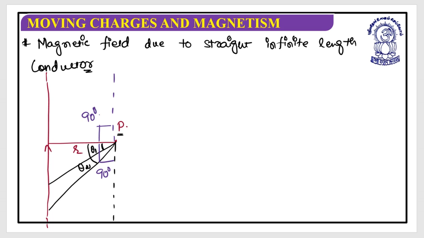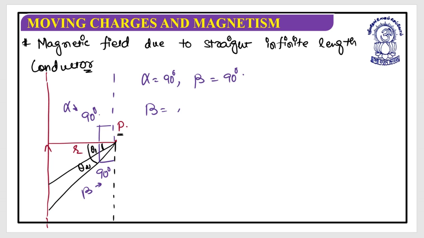So these two angles, that means alpha and beta, or you can say phi 1 and phi 2, let's say alpha is equal to 90 degrees and beta is equal to 90 degrees. So both alpha and beta are 90 degrees.